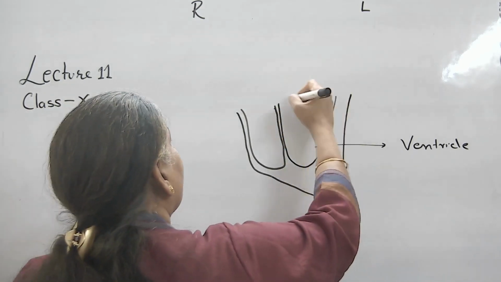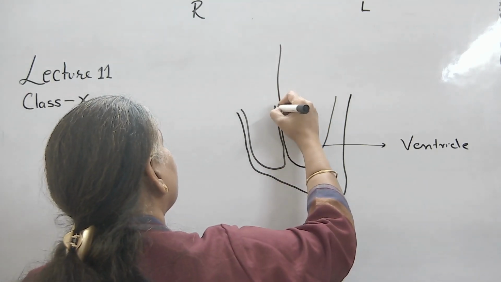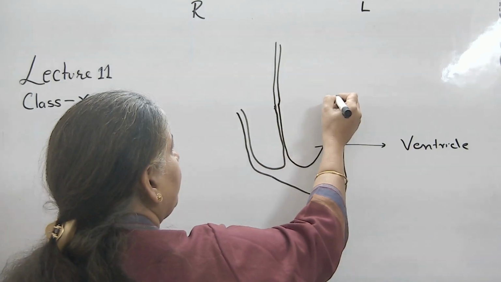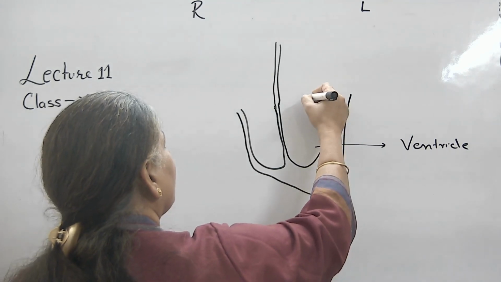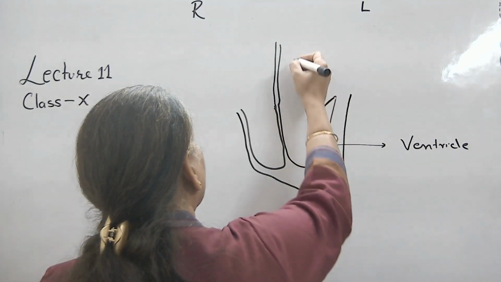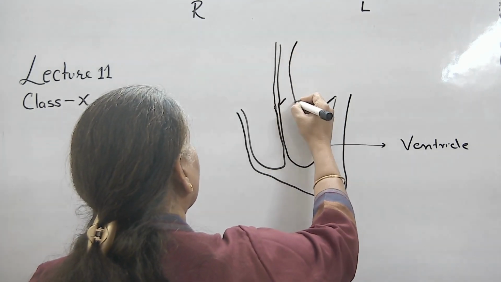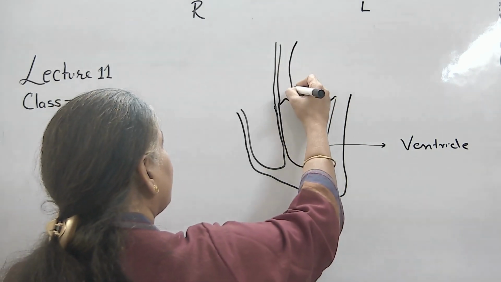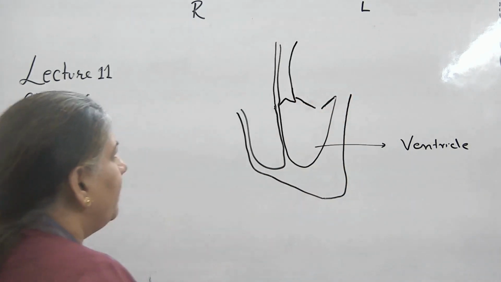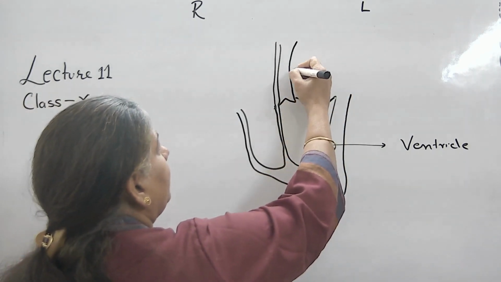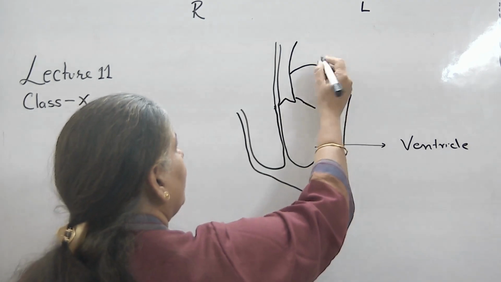Okay. Now let's draw the upper chambers. Now I'll draw the upper chamber, the auricle.